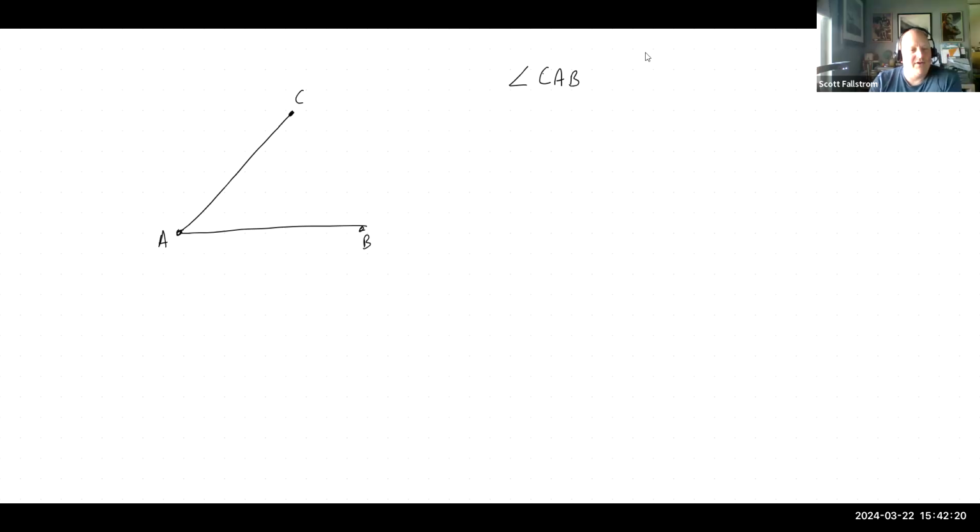So pick a point out here in the middle. We'll call that P. Pick P in the interior. So I'll only label that point P. So when we find this distance, the distances are the same. So P is the same distance from AC and AB.